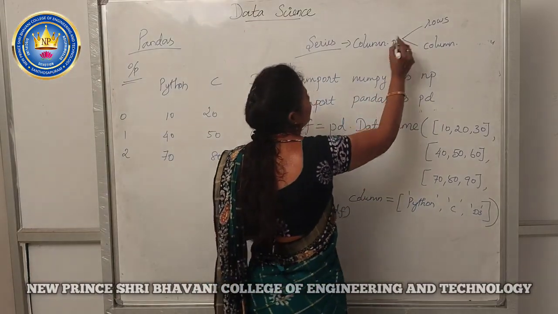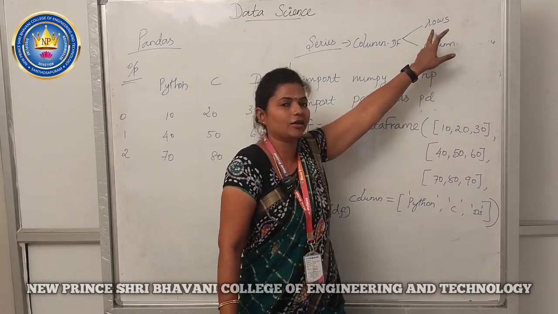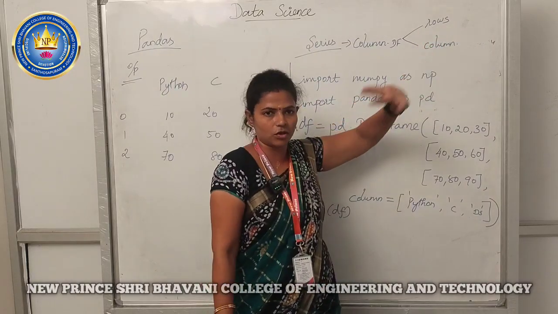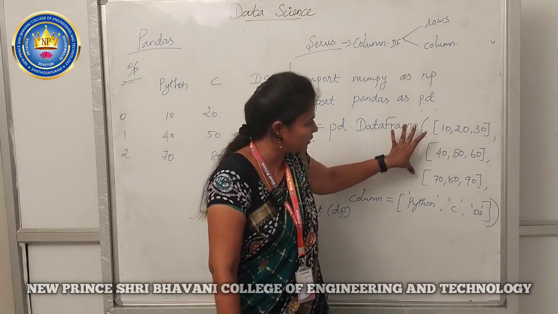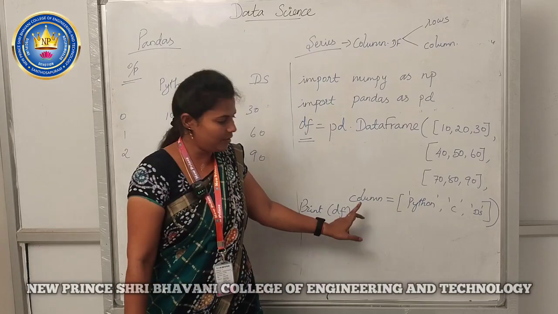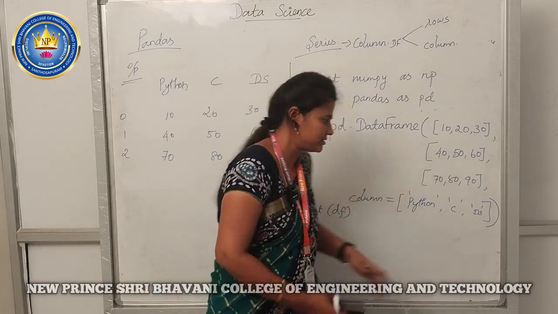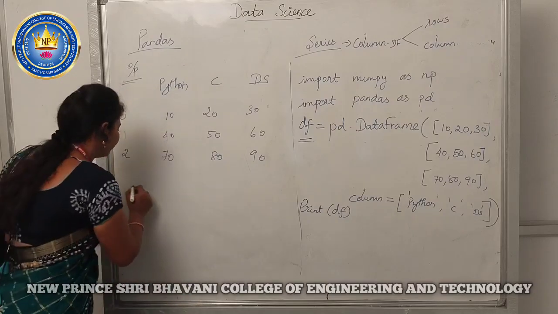The data frame is a multi-dimensional array in which we create rows as well as columns. In the rows I am using a number of arrays with the values, as well as the column names Python, C as well as DS.